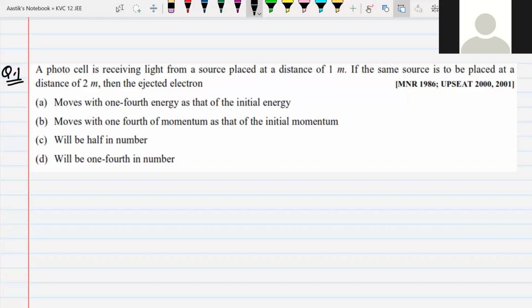Yes, anyone? Okay, we are noting down the question. Distance is 1 meter. If the distance is made 2 meters, what happens?